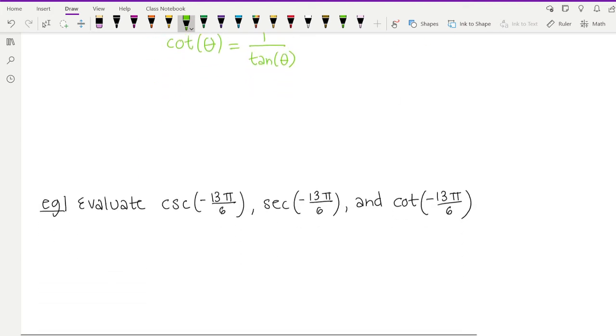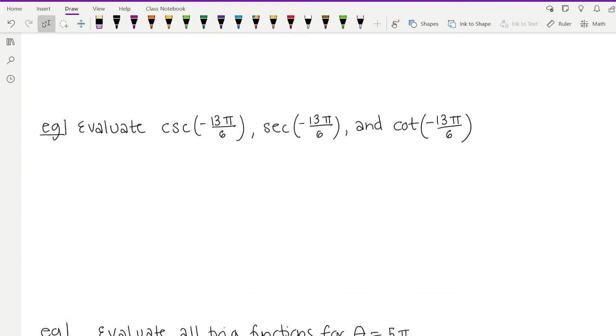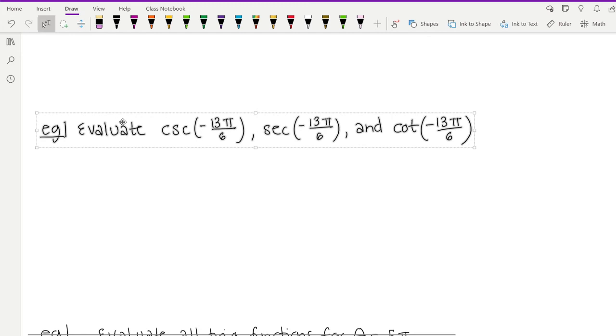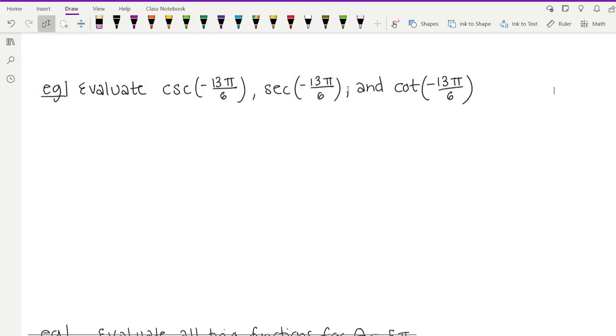Okay, so first example, let's evaluate cosecant, secant, and cotangent of negative 13 pi over 6. As you may notice, this is the same as the first example we did in this video, the same angle, right? And so what we're going to do is just use the information that we already found in our warm-up problem to answer this.